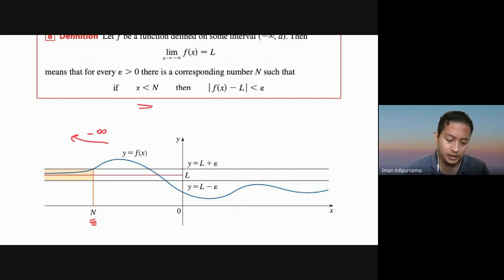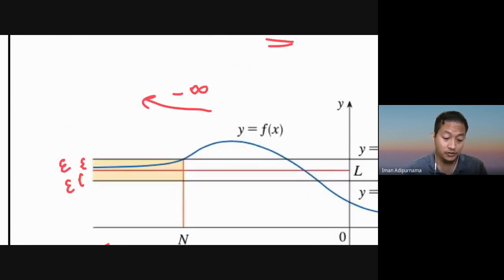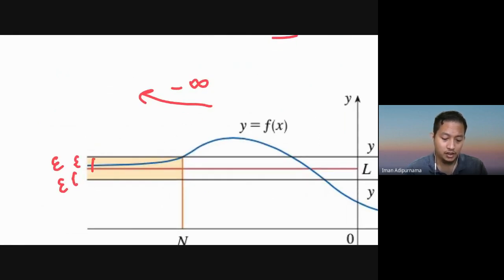And the important thing here is the distance here should be epsilon. This is to show that whenever you move the x, your solutions or your value of f of x should be around here.